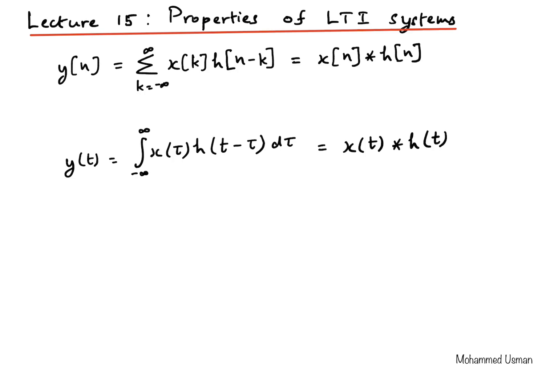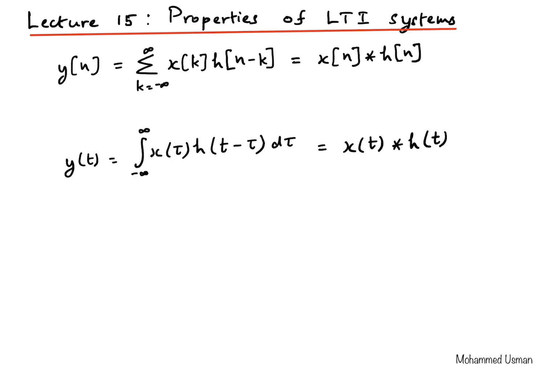The first feature of the LTI system is that if the system is LTI, that is linear time invariant system, then the system is completely defined or characterized by its impulse response. Or in other words, if we know the impulse response of an LTI system, then we know everything about that system. That means it is completely defined by its impulse response.